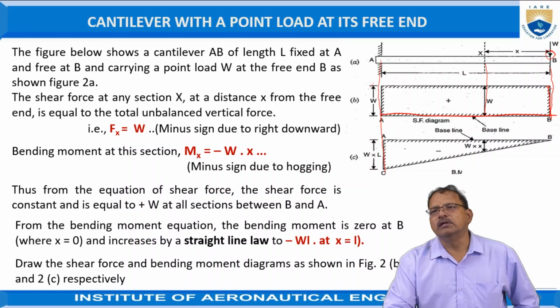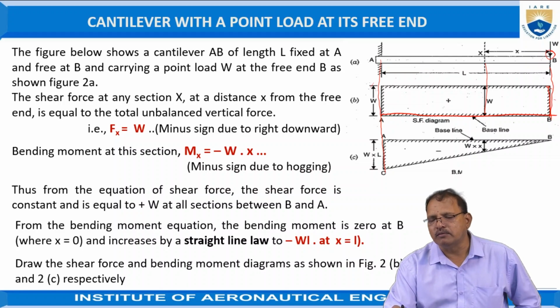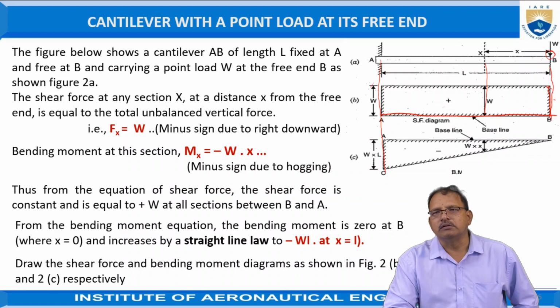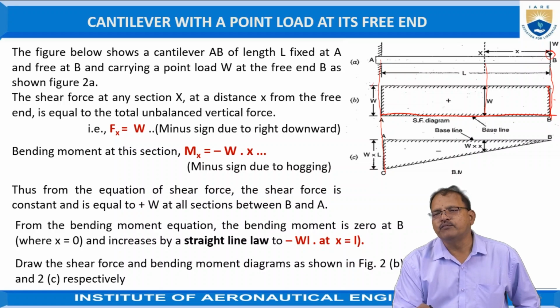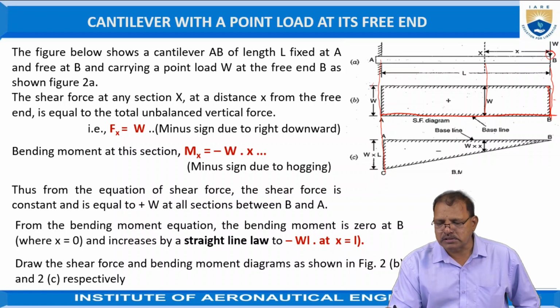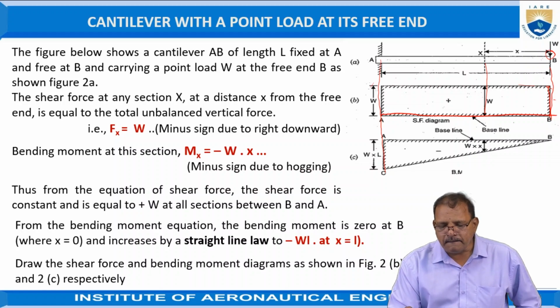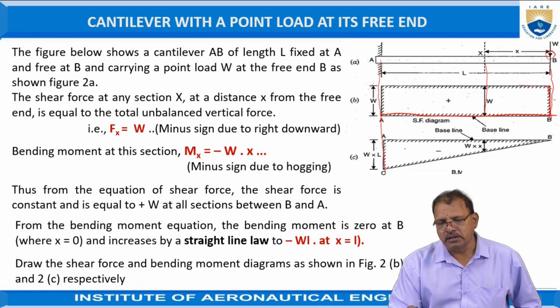When you are moving toward the left hand side, up to X, the unbalanced force toward the right side remains constant, that is W. Again, when you are moving from X to point A, the unbalanced force toward the right side remains constant, W acting vertically downward. Hence, the line remains parallel and constant up to A. In other words, it is in the form of a rectangle.